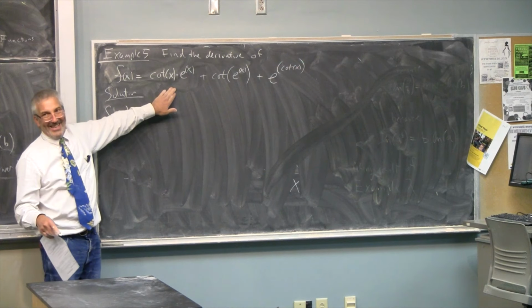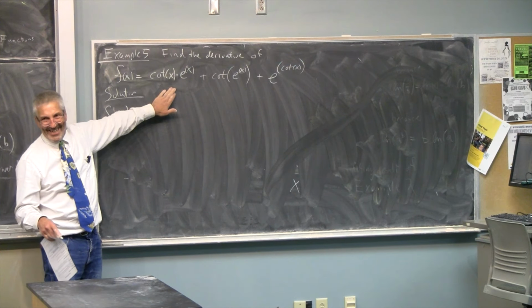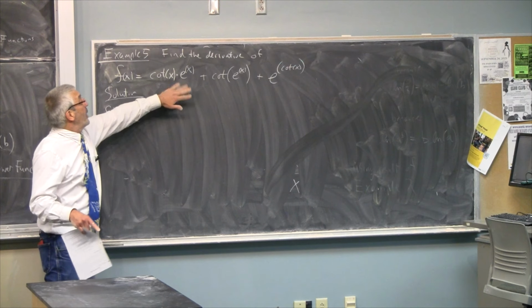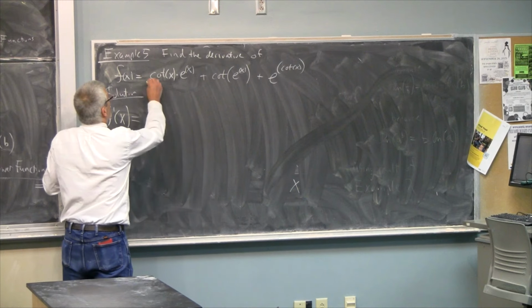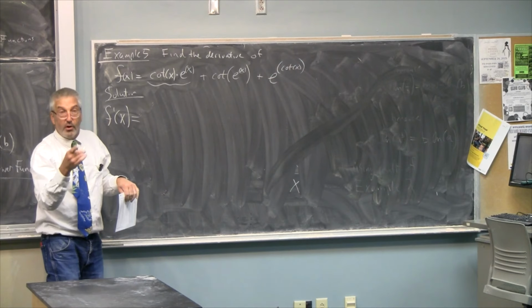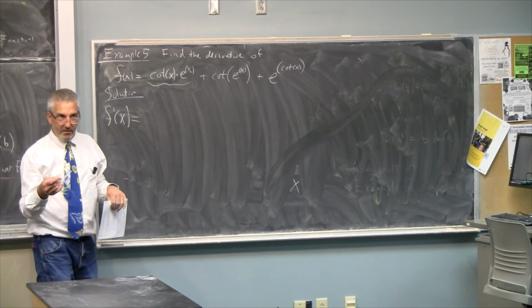So f prime equals d dx of the first term plus d dx of the second term plus... No, I'm thinking about just this term. What do we have to apply for that term? Product rule, because it's a product of functions.